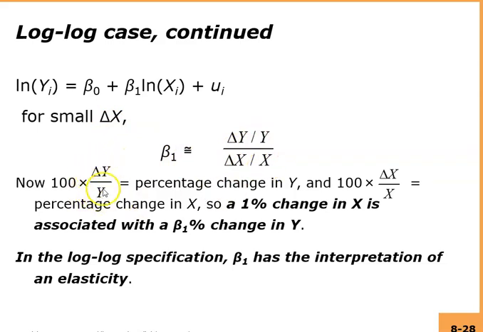If you multiply the change in y divided by the initial y by 100, you will get the percentage change in y, and 100 multiplied by change in x divided by the initial x will give us the percentage change in x, which simply means that the interpretation becomes very neat: a 1% change in x will be associated with a beta 1 % change in y.